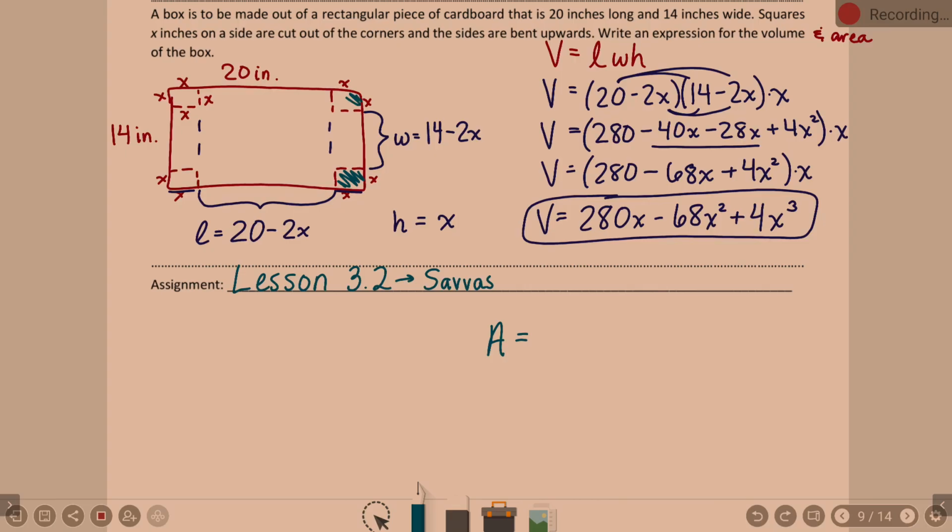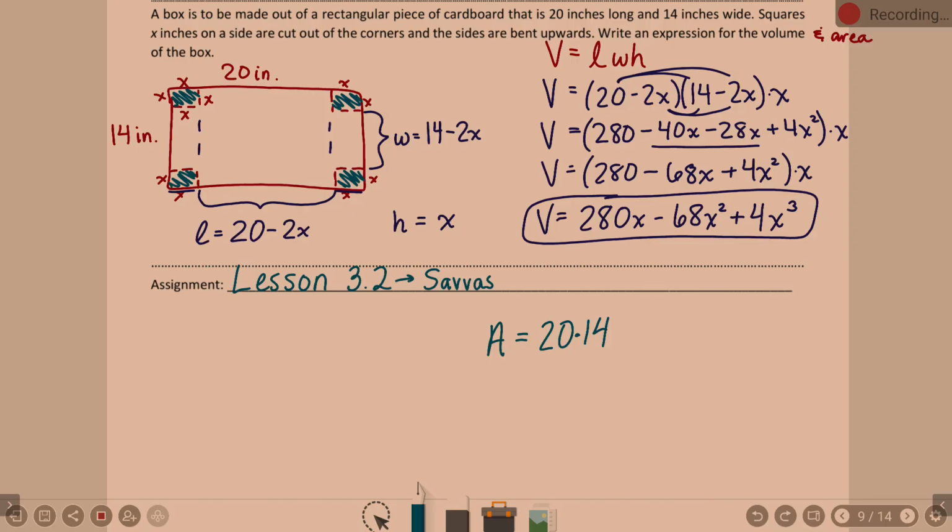Did we take away these 4 corners here? Are you seeing where I'm going with this? Maybe, maybe not. Okay, so what would be the area of the entire piece of cardboard? The 280, or in other words, the 20 times 14, which I'll write as 280 in my next step. Okay, so that entire cardboard has that area.